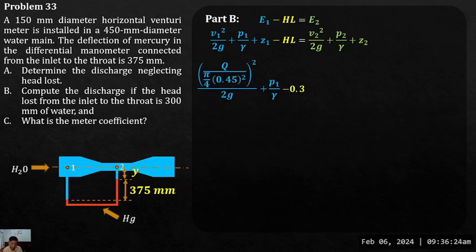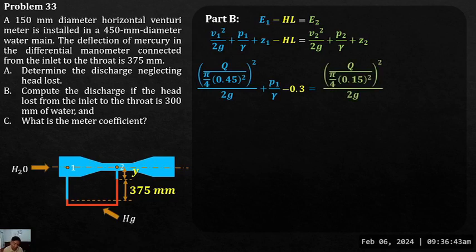So yung head loss natin, that would be 0.3. That is yung given natin, 300 mm. So kapag head loss, minus po yan. And then equals V2 squared over 2G.